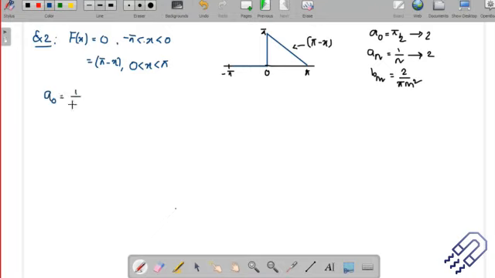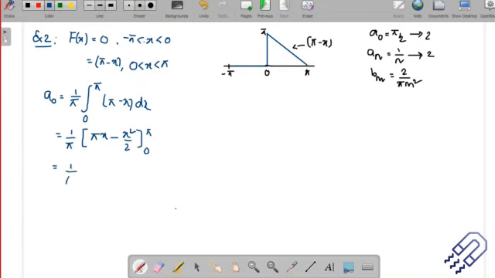a0 is equal to 1 by pi integration of, again, minus pi to 0 is 0, so I'm not going to consider that, 0 to pi, and then pi minus x dx. So this will be 1 by pi, take the bracket, pi times x minus x square by 2, from 0 to pi.